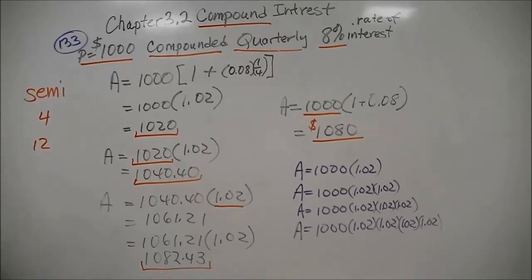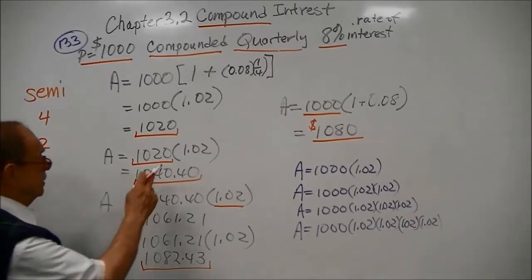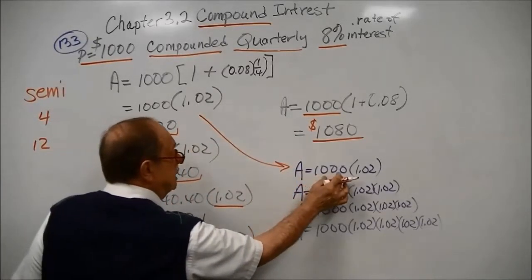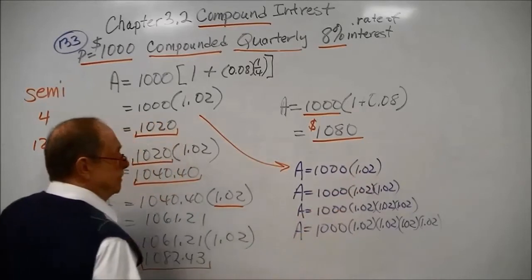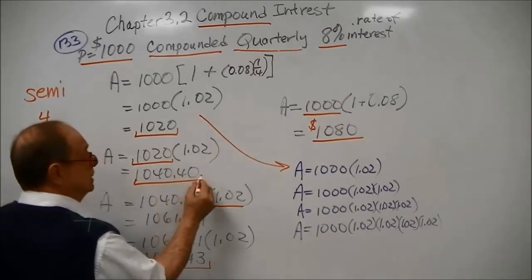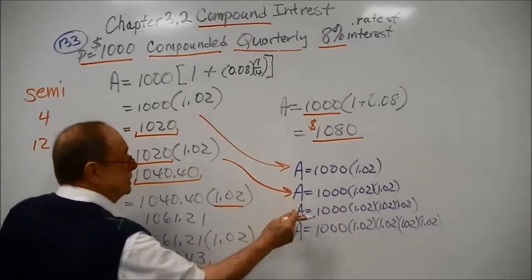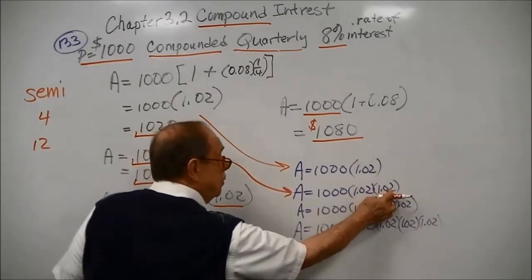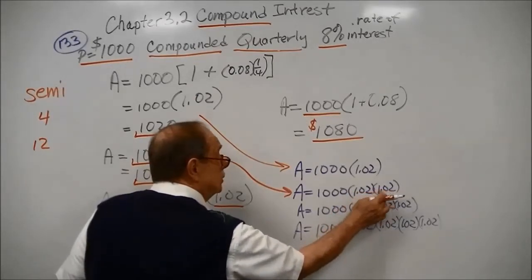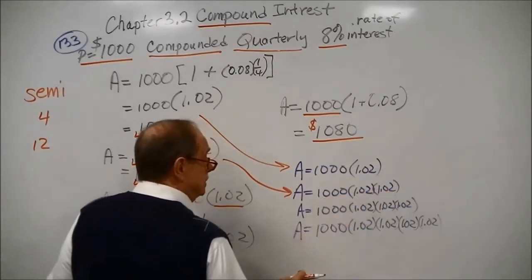Now, we're going to develop a formula for this, and I'd like you to see where the formula comes from. Notice over here, it was basically this times that. Now, for the second period, since that money was increased, it was actually 1.02 times 1.02 times 1,000.